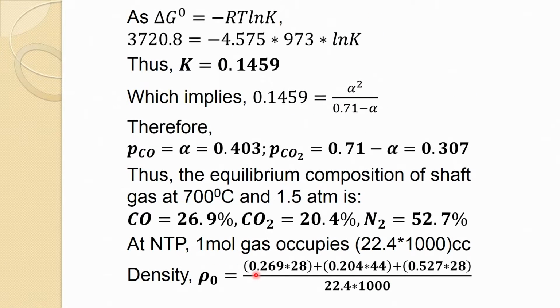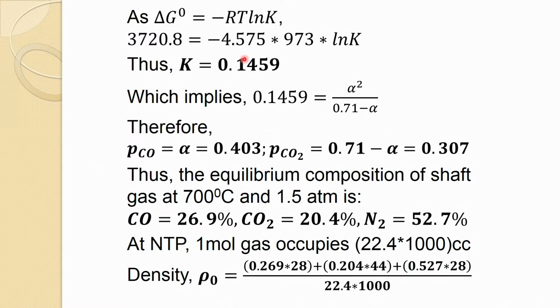As you know, the free energy and the equilibrium constant can be related by this equation, delta G naught equal to minus RT log K. Delta G naught we just calculated, R and T are taken in the proper unit, so K is the only unknown. One can calculate K. So, the K value comes to 0.1459.